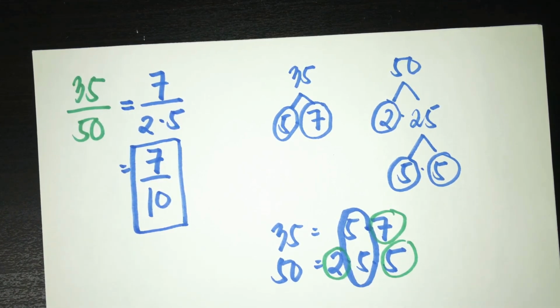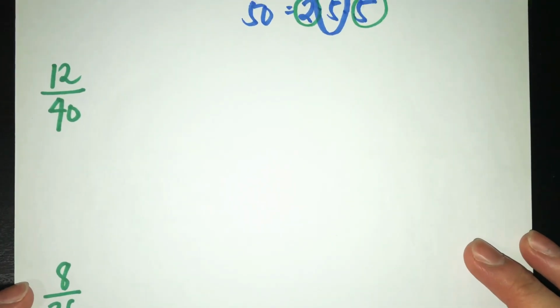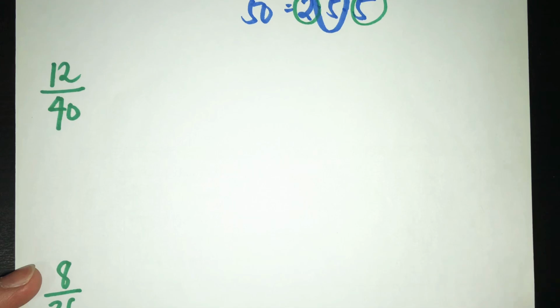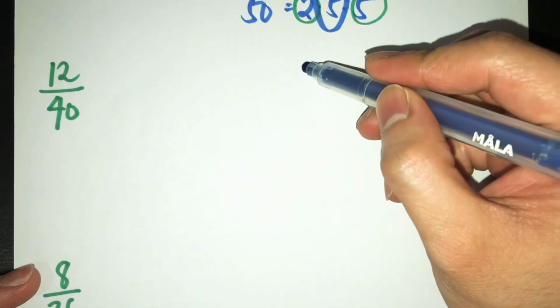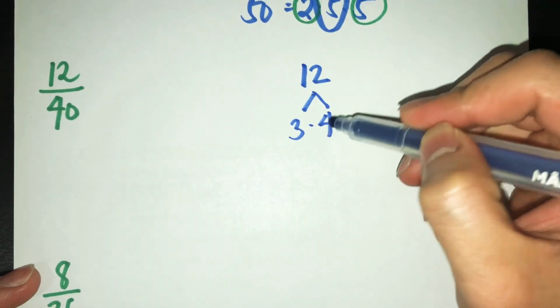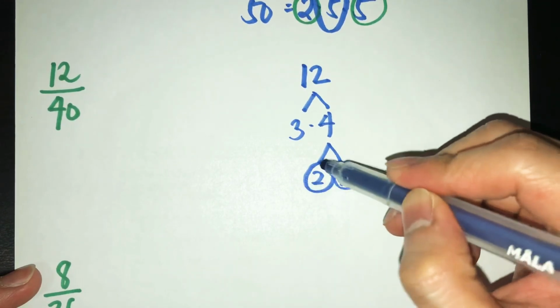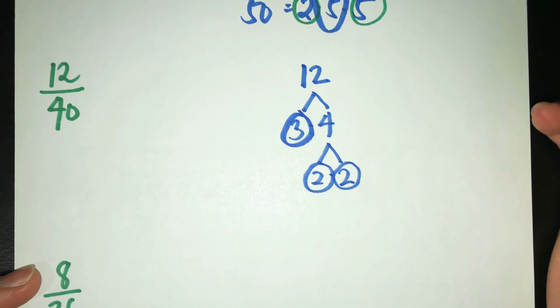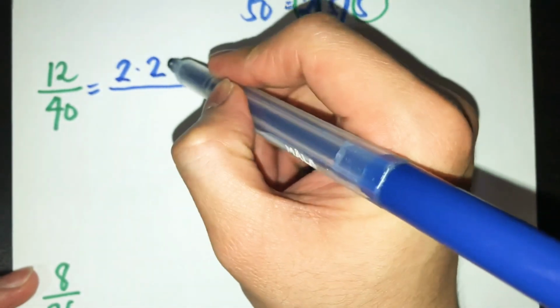Now let's have another example. We have 12 over 40. Again, the first step is to get the prime factors of 12. We have 3 times 4, then 2 times 2. So we can write it as 2 times 2 times 3.